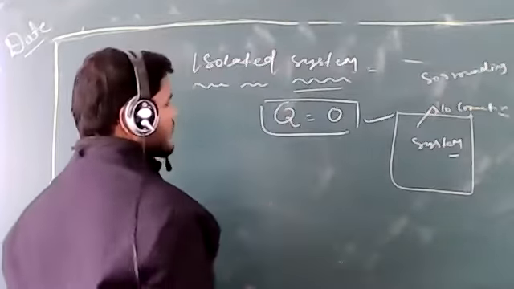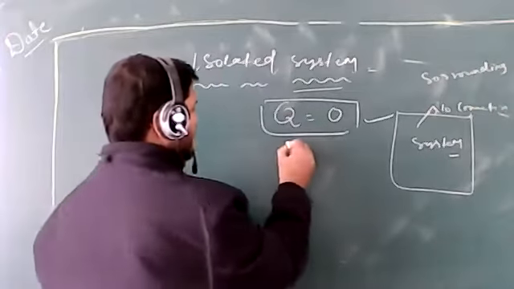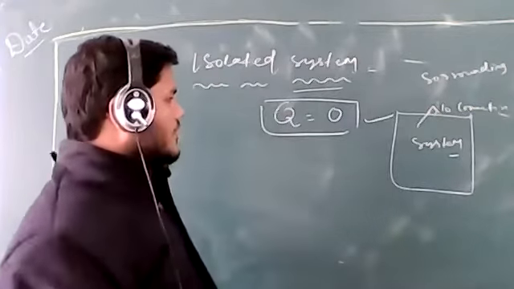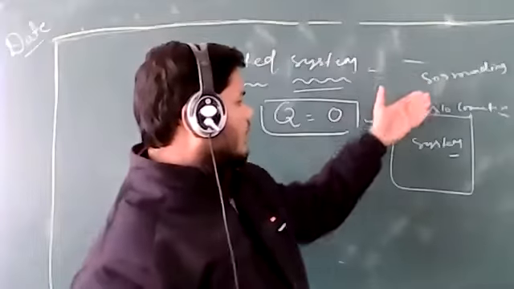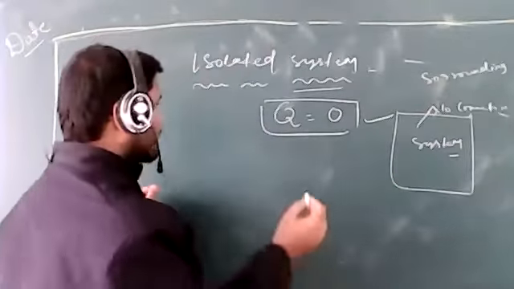Then this particular system is called an isolated system. In this system, whatever heat we have supplied cannot enter through the system. Yes or no? So Q equal to 0.